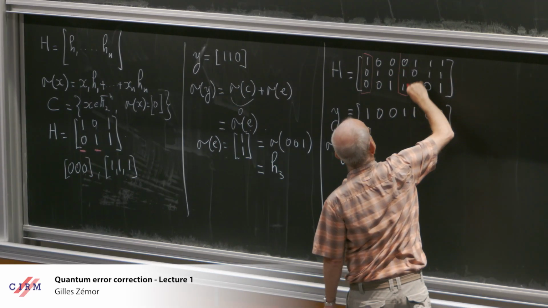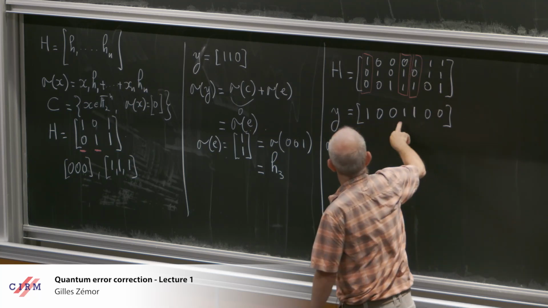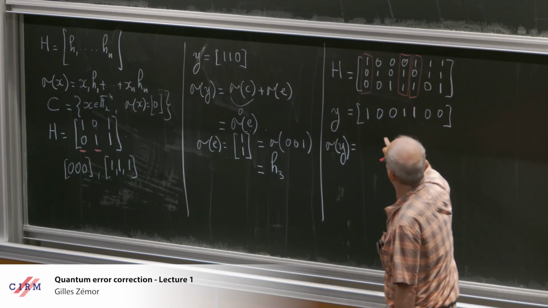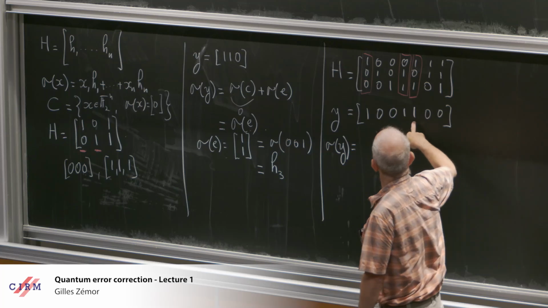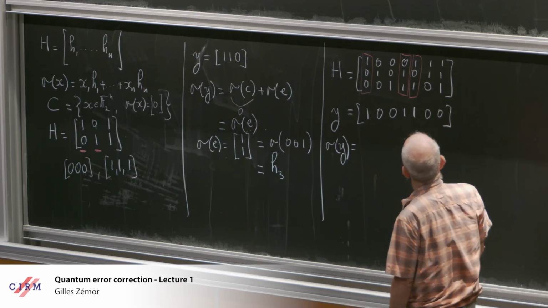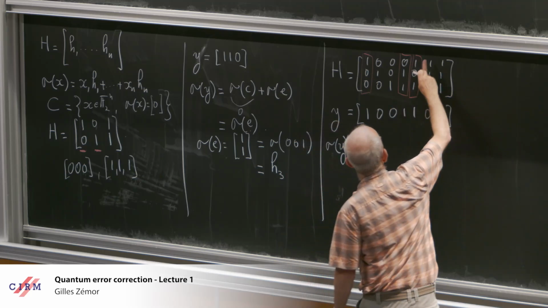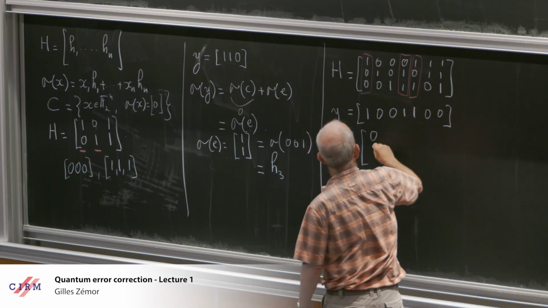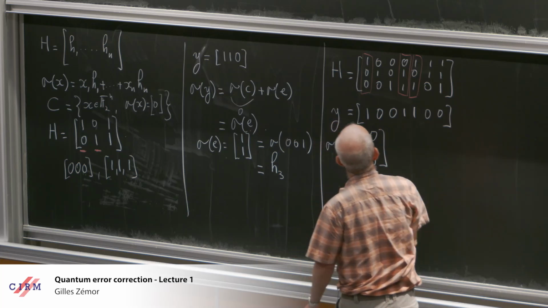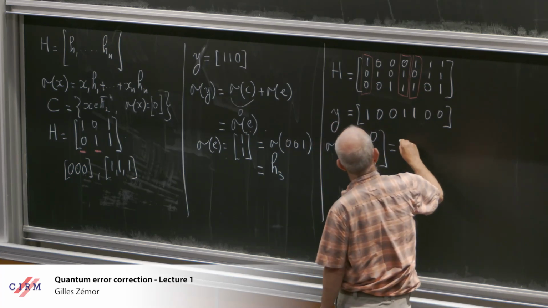It means you need to sum all the columns that correspond to positions where there's a 1 in the vector y. That's it. So you add them together and you see that you get 0, 1, 0, and you look at the matrix and you realize that this is H2.